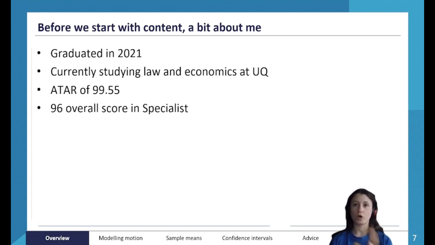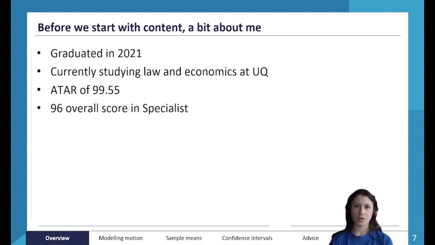I'll go over a little bit in the final section on advice about how I got this score, but just for a brief bit of background, the majority of the marks that I lost were in the external. I went into the external with 49 out of 50, so I lost 1 mark in one of the exams.